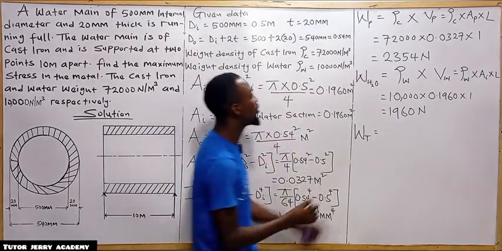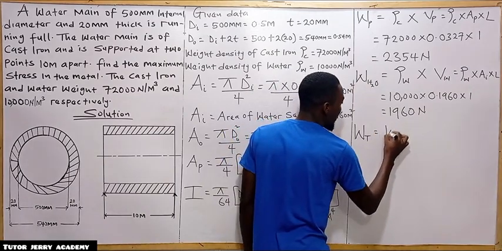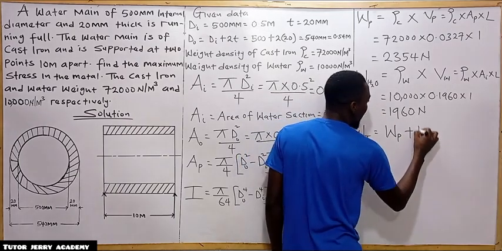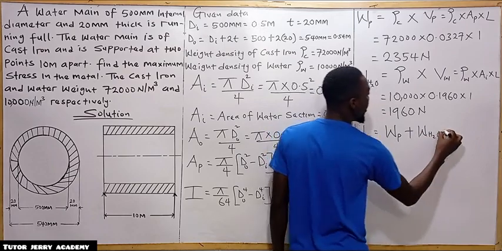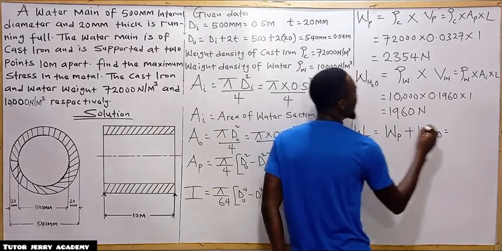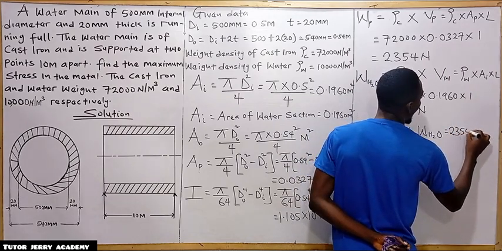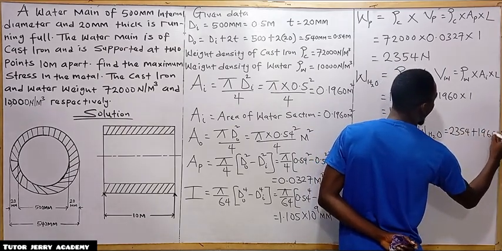So it means it's going to be equal to the weight of the pipe plus the weight of water. So if you substitute now, this is going to be 2,354 plus 1,960.